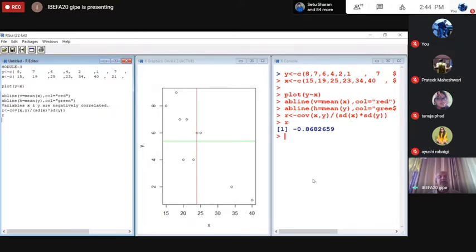Correlation coefficient is always between -1 and +1.